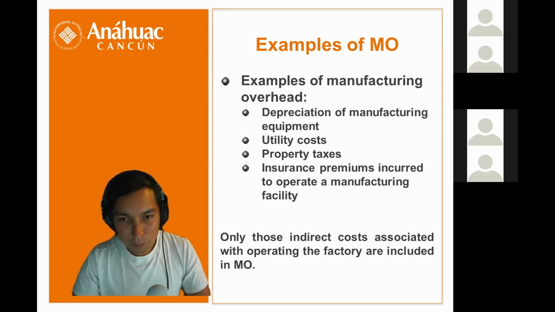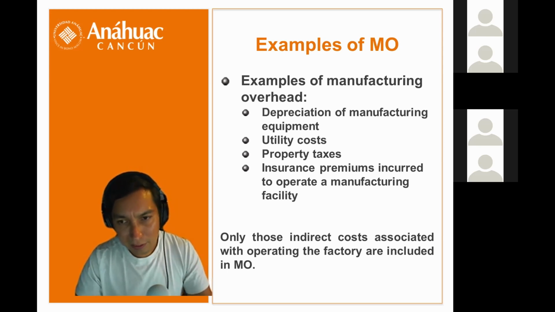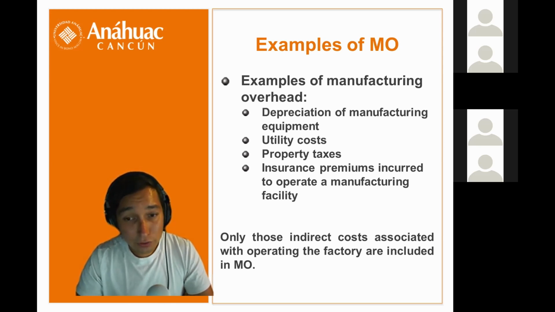So, examples of MO. As we discussed briefly, depreciation of our manufacturing equipment, utilities, property taxes, and insurance premiums incurred to operate the manufacturing facility, and the list goes on. The key is that it has to say depreciation of manufacturing equipment, not equipment of corporate offices.